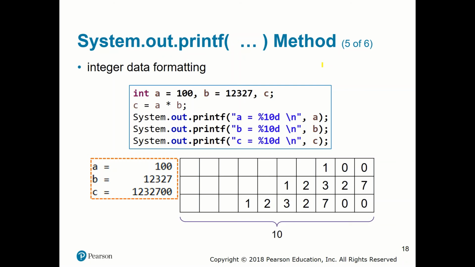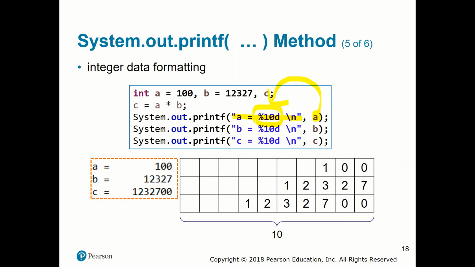Let me show you how to format integer data. We have 3 integers, a, b, and c, and 3 printf statements. Like the string formatting, we have a double quote string inside the printf statement. So this should be printed out, except that the percent part means that the variable after this double quote string, in this case a, should be placed here.